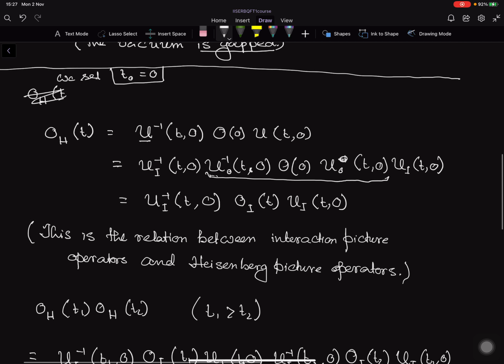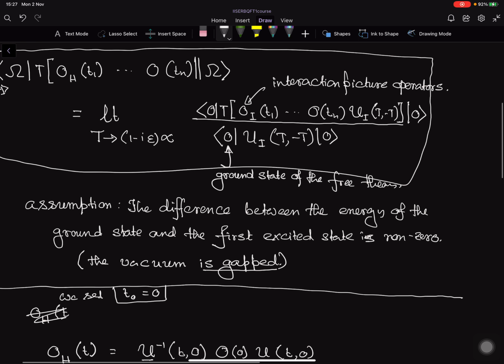Okay, now let's go to the original expression and focus on this part.